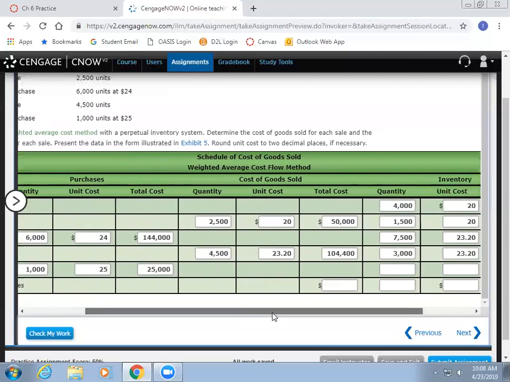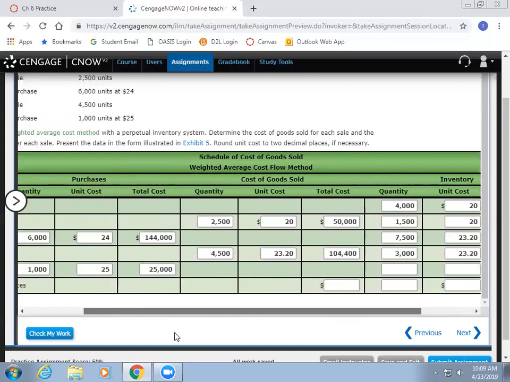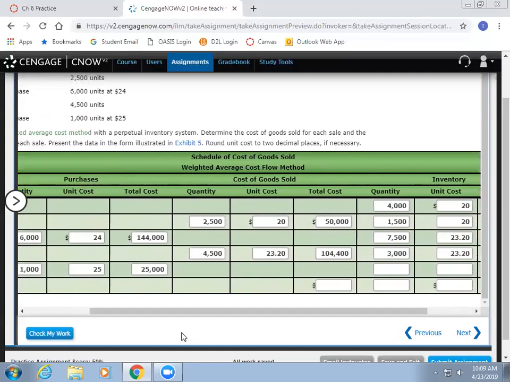Well, anytime you make a purchase, you have to re-average, okay? Because you always want your ending inventory under the weighted average to be an average cost for your whole inventory. So here, we want to do a new average.